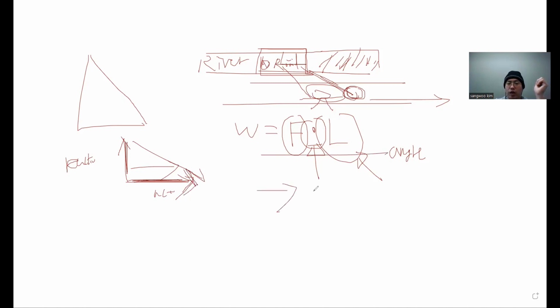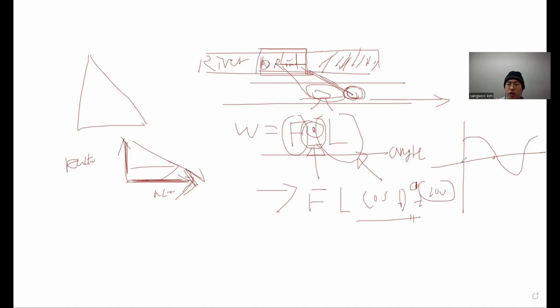So we could say if we change it to this dot, F L cosine theta. So cosine is, look at that, from here to here to here, right? So cosine 1 is 100%. Cosine 0 is 100%, right? We will say 1.